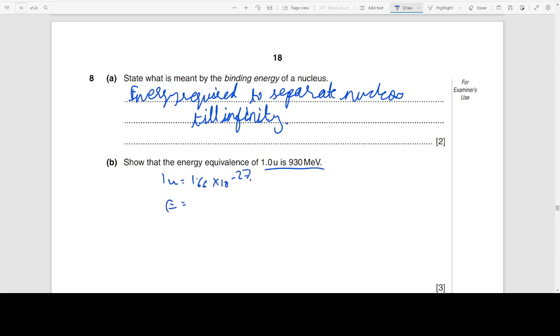We know Einstein's formula, E equals delta m c square, which is 1.66 into 10 raised to minus 27 into 3 into 10 raised to 8 square, which is the speed of light. So if we calculate, we get 1.49 into 10 raised to minus 10.